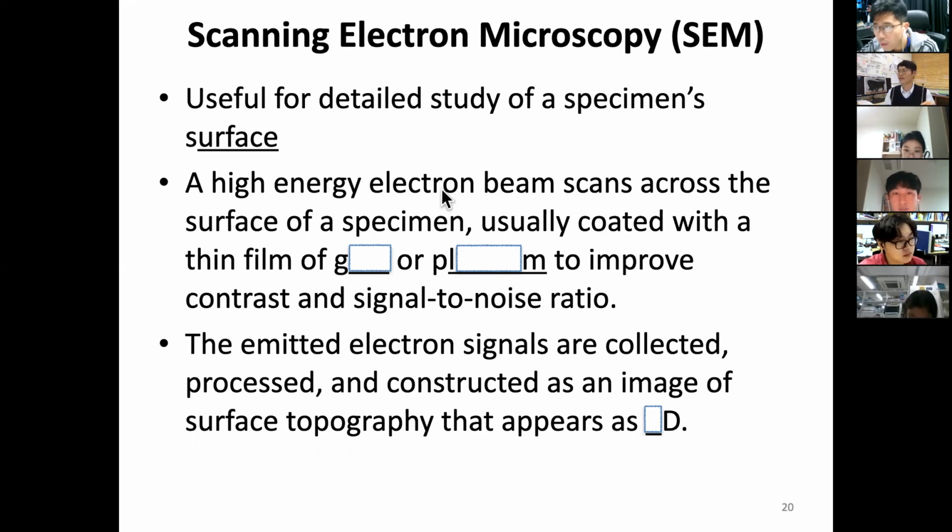So the high-energy electron beam scans across the surface of the specimen, usually coated with a thin film of gold or platinum, which is also, of course, to improve contrast and signal-to-noise ratio. And the emitted electron signal, not photon, will be collected, processed, and constructed as an image of the surface topography. In fact, you are not seeing inside, only the cover, but it looks like 3D.